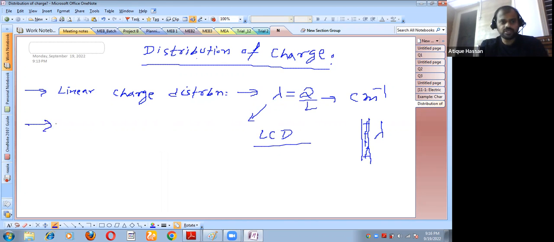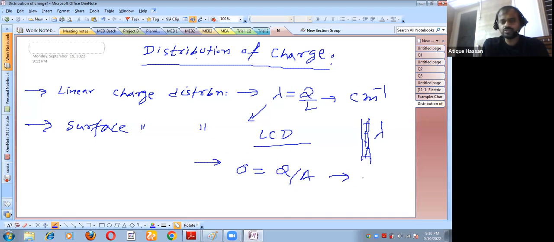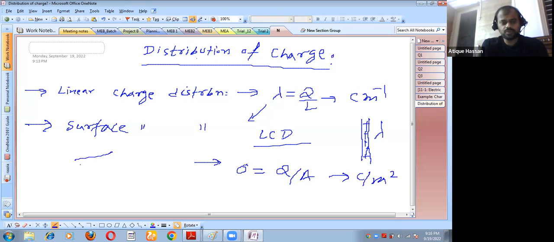Yes, sir. Similarly, we have surface charge distribution. Generally we denote it by sigma, and it is given as charge per unit area. So obviously its unit will be Coulomb per meter square. An example of such distributions is a long charge sheet.